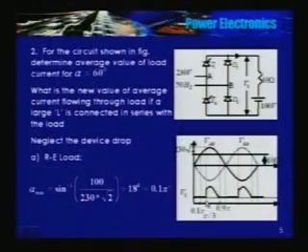Okay, so output voltage from 0 to pi by 3 is E. From pi by 3 to 0.9 pi, it is Vi sin omega t.